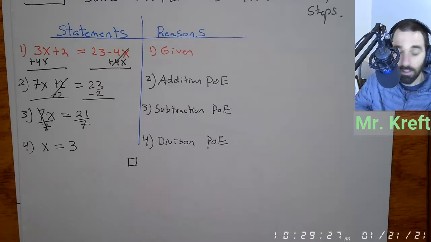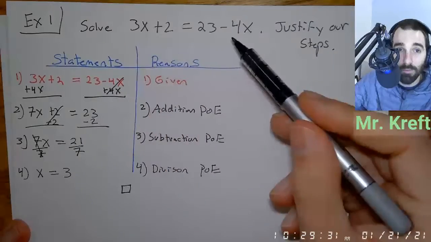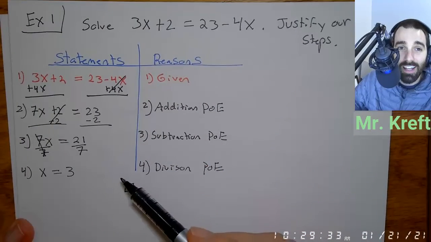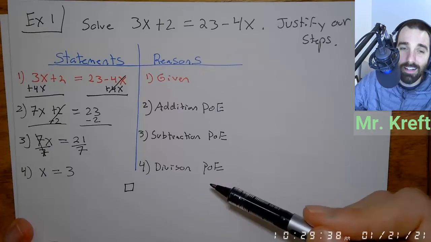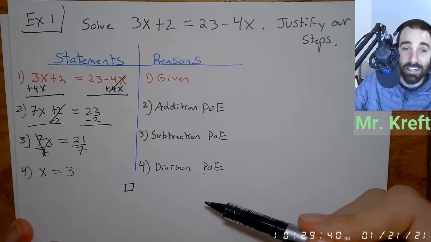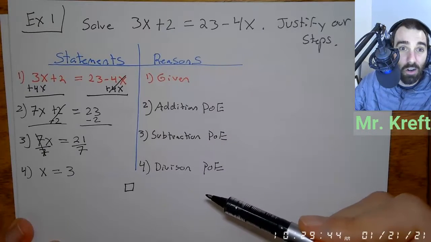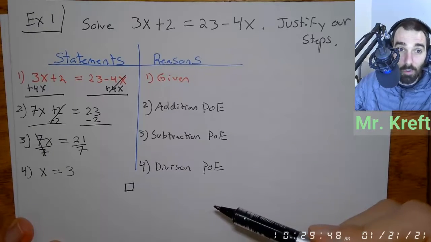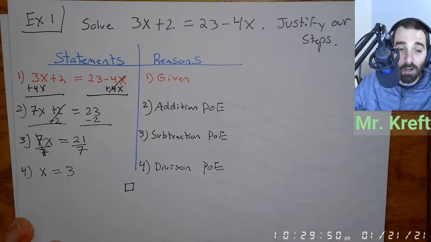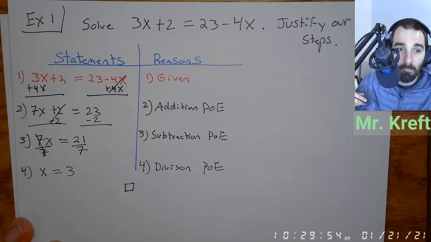Notice how this is solving, but by doing this, not only did I solve for x, but I backed it up, like if I was having an argument with someone, I'm solid. I did everything according to rules.